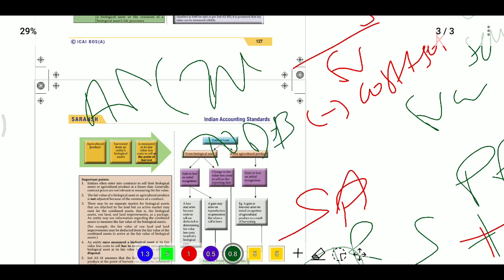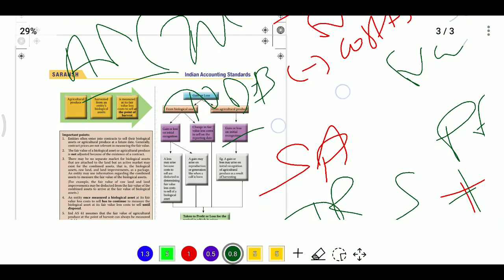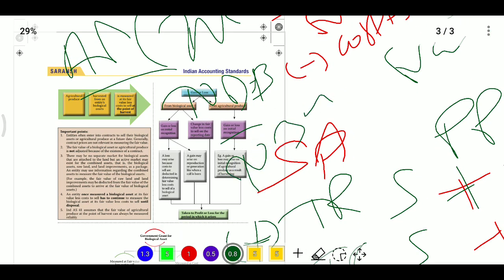If it is a loss it is debited, if a gain it is credited. Whatever amount we pay through bank, conversion costs like slaughtering cost, whatever cost is paid.